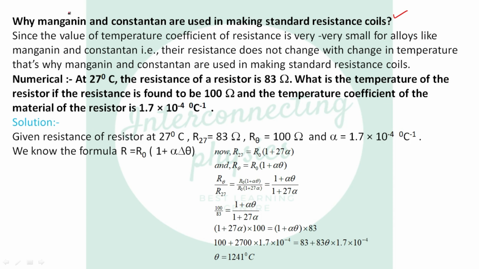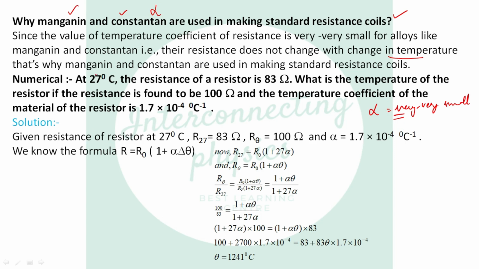That is, for these two materials alpha is very small. Very small means the resistance does not change with change in temperature. If alpha is very small, what does that mean?